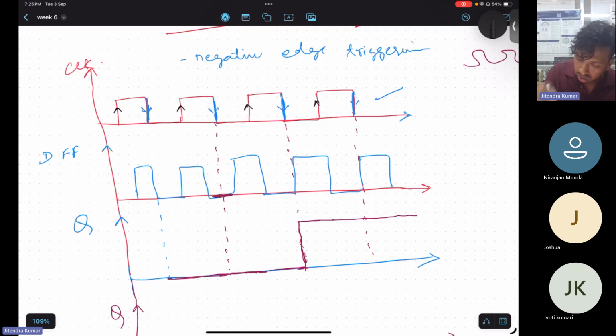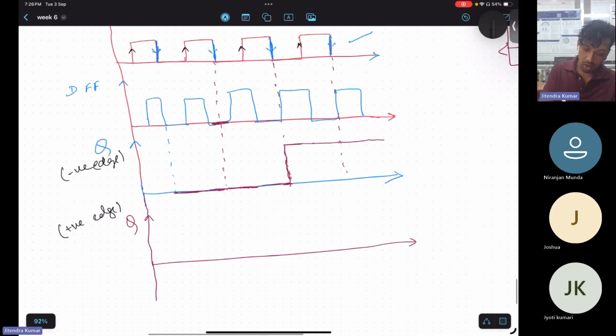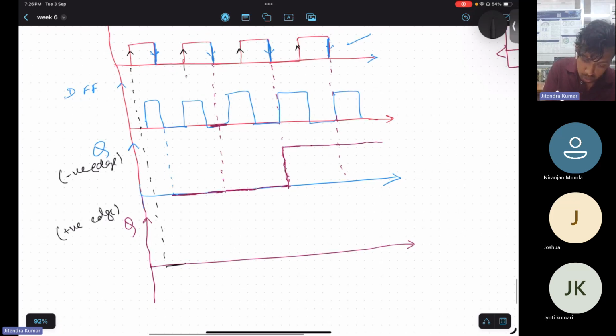All the black arrows. This is for negative edge. This is for positive edge. Okay. So at this instance, the value of D is 0. Okay, so it will keep maintaining 0 till the next positive edge. At this positive edge, the value of D is 1, so it will switch to 1.